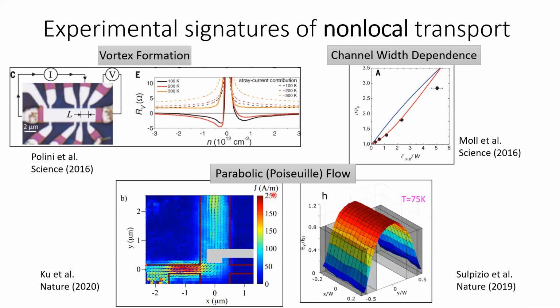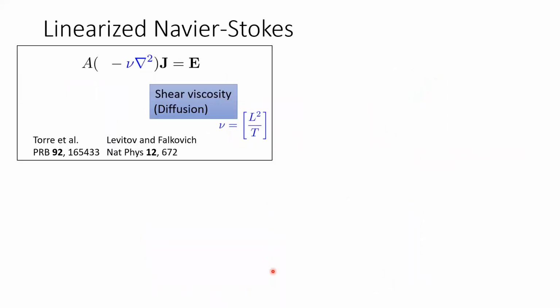There have also been experiments which directly measure the flow profiles inside rectangular geometries, and they've observed a positional dependence of the current that seems parabolic in nature, very reminiscent of Poiseuille flow. These are just a few of the experiments that people have been doing recently.